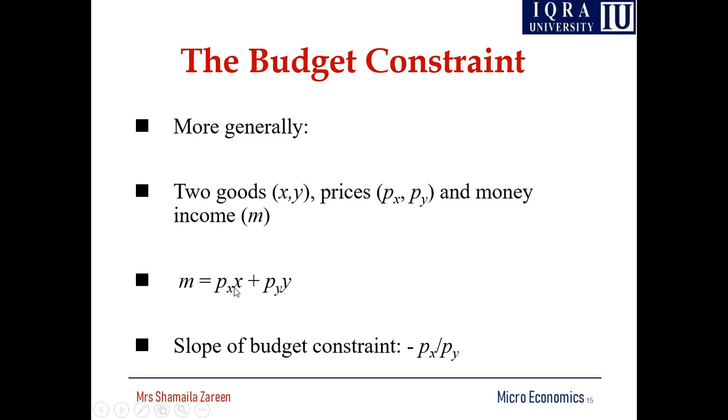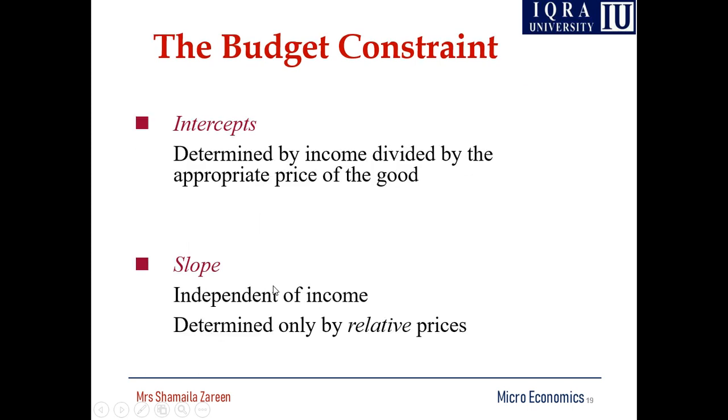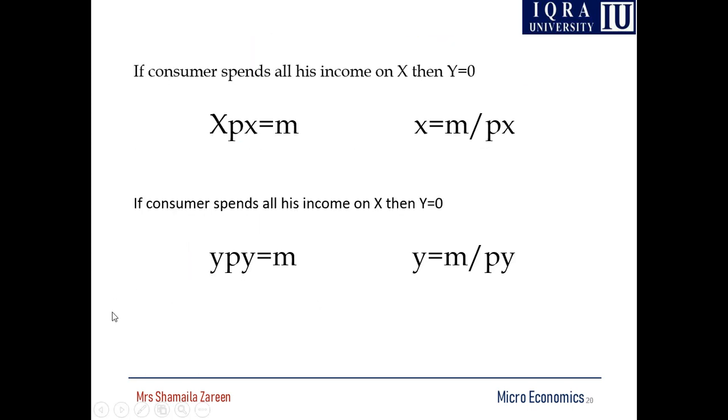If the consumer is spending all his income on y, that is films, it means x will be 0 and you can easily find out the y intercept. If the consumer spends all his income on x, then y must be 0. And you can easily now find the intercepts.